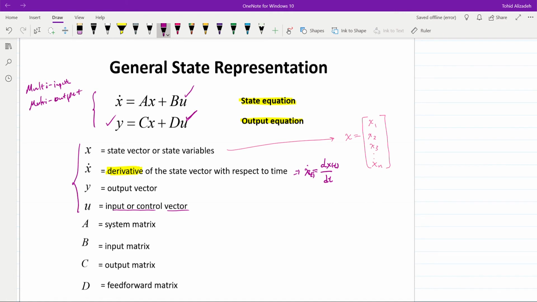So those are the variables that we deal with. And then we have a given number of matrices and vectors. A is the system matrix. It's an n by n matrix, where n is the order of the system or the number of the states. B is called the input matrix.